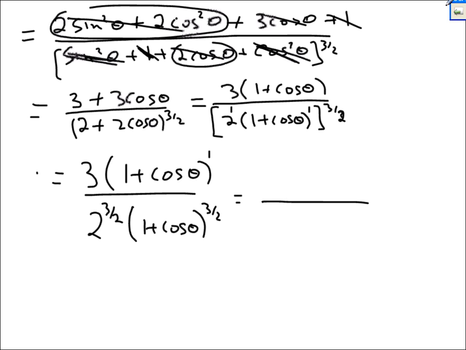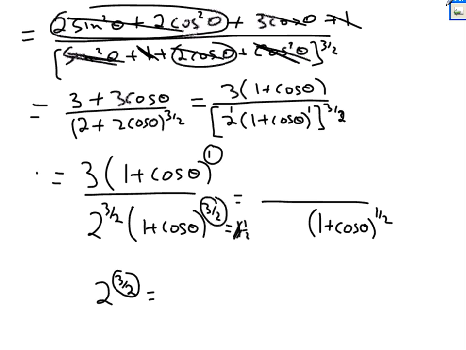With respect to the 1 plus cosine theta, the larger power is in the bottom. So that's where 1 plus cosine theta goes. And you subtract the powers. 3/2 minus 1 is 1/2. You take away the 1, you get a half. And 2 to the 3/2 is 2 to the 1 times 2 to the half. 2 to the 1 is 2. 2 to the half is the square root of 2.